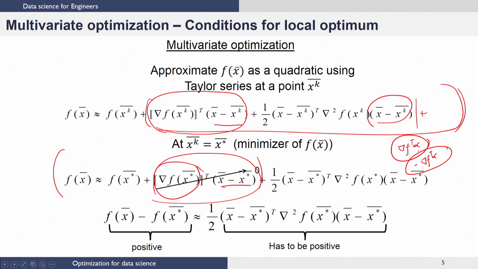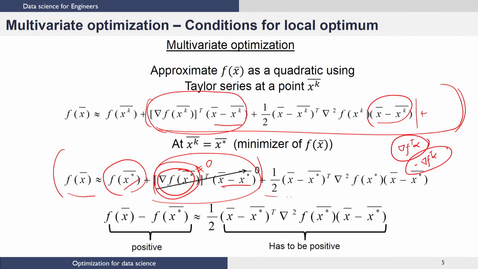That means I will have a point here which can be either larger than this or smaller than this, and if I can find a point such that this is smaller than this, then this cannot be a minimum. So, whatever you do, unless this goes to 0, I cannot ensure that this is a minimum point. So, the first condition that we will get is that this is 0.